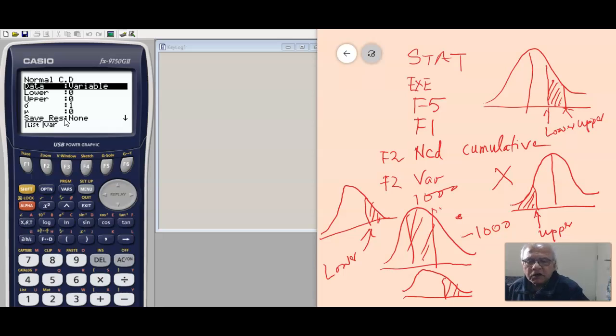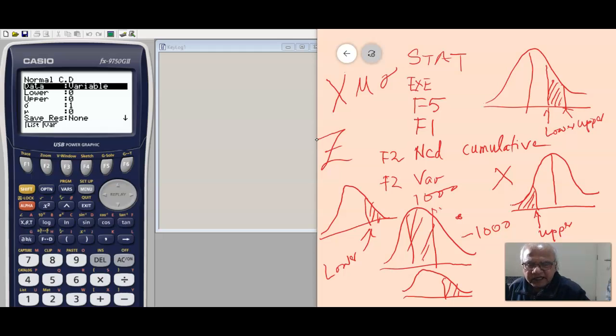Now also you have to remember whether we are talking about X distribution or Z distribution. If it is X, then we have mu and sigma, which will be given to you, or you will be asked to calculate it.